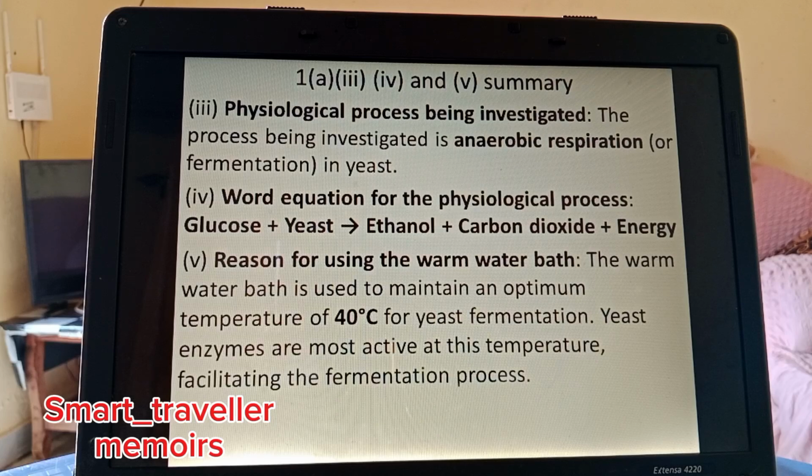Reason for using the warm water bath. The warm water bath is used to maintain an optimum temperature of 40 degrees centigrade for yeast fermentation. Yeast enzymes are most active at this temperature, facilitating the fermentation process.